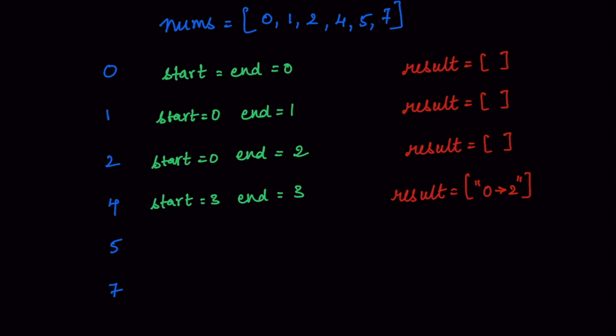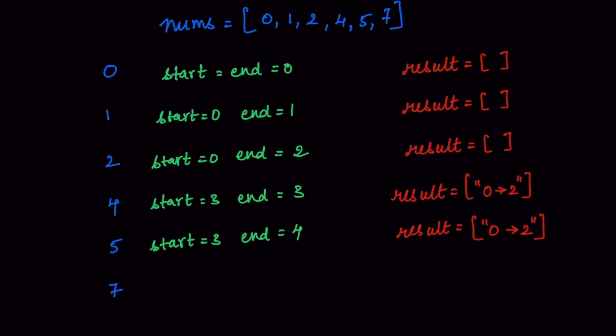In the next step, the difference between nums of 4 and nums of 3 is 1. So in this case, we are again going to increment only our end pointer, and the result is going to be the same as the previous step. Then if you go to the next step, the difference between nums of 5 and nums of 4 is 2.